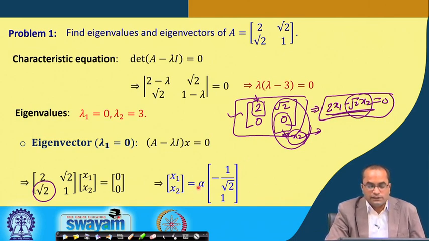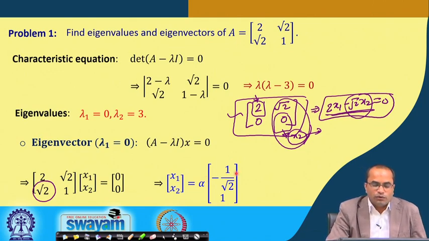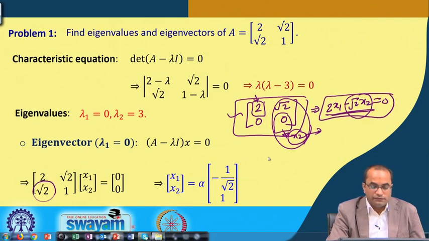For instance, the x 2 was taken as the free variable alpha, and then x 1 is coming 1 over square root 2 with the minus sign, or any multiple of this we can, for instance, multiply by square root 2. So, we can also take the vector with minus square root 2 and square root 2 when we multiply by square root 2 to both, so this will become 1.